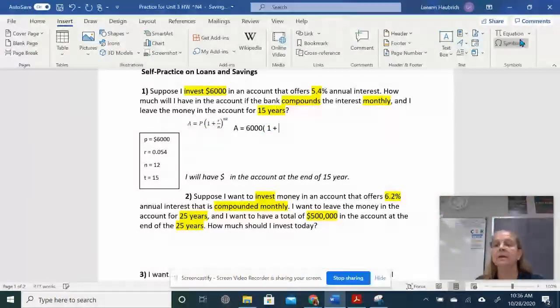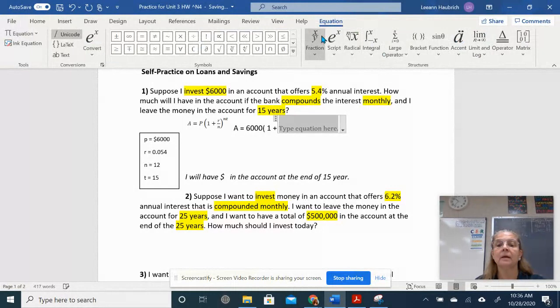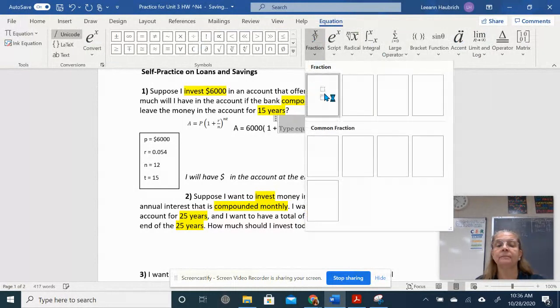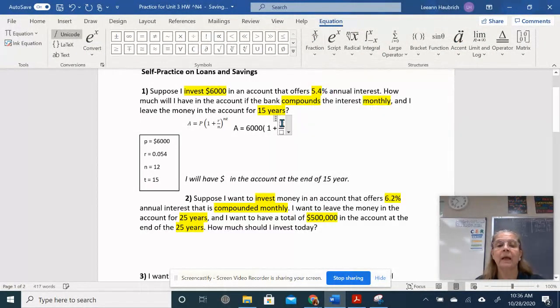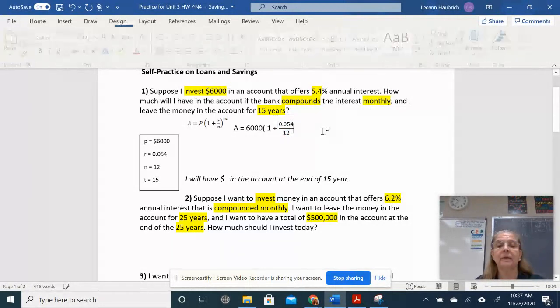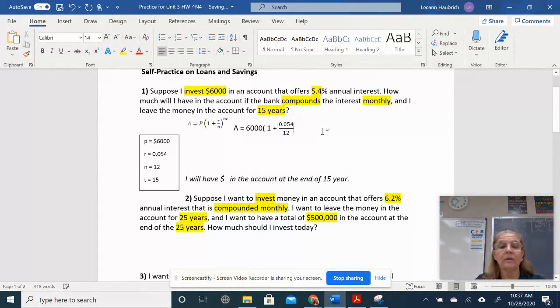So if I'm typing it up this way, I need the fraction. I need my interest rate, 0.054 divided by 12. And all of this is going to be raised to the exponent of n times t.